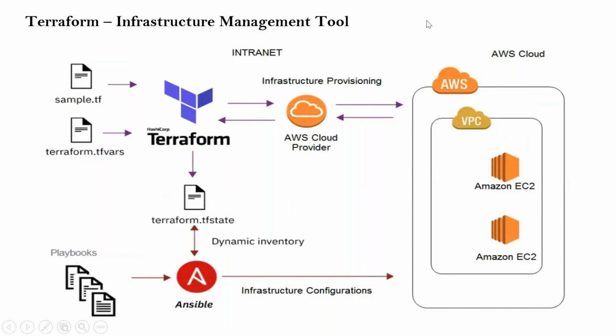That means in real time, suppose we have to create, destroy, or terminate servers which we have created. Not only servers, we will be creating in real time various resources like S3 buckets, VPCs, subnets, route tables, EC2 instances, load balancers, elastic load balancers, and auto scaling.